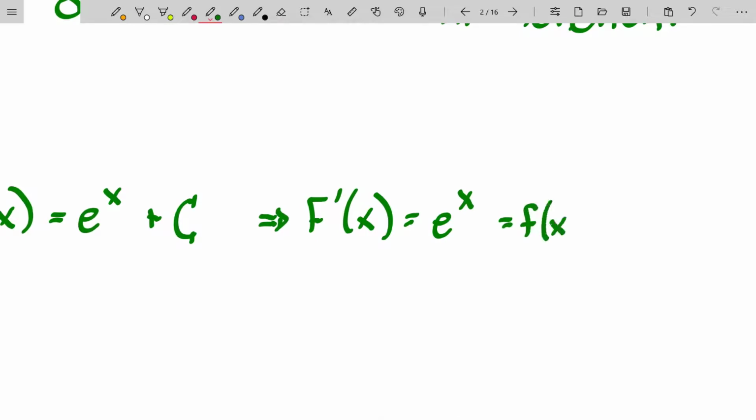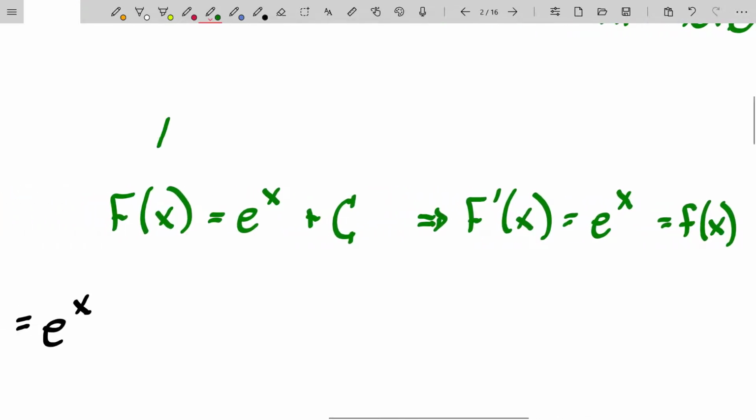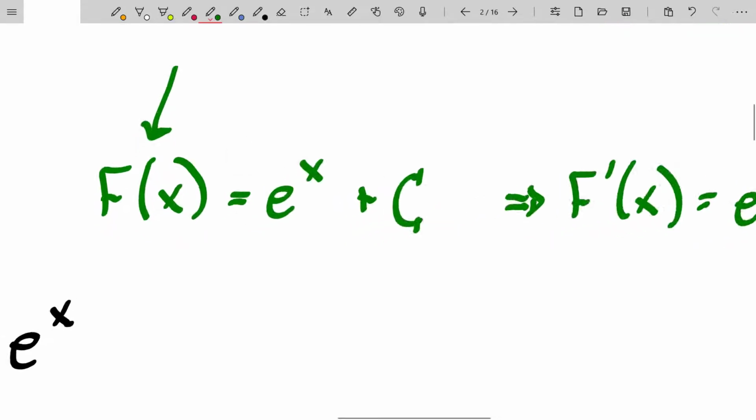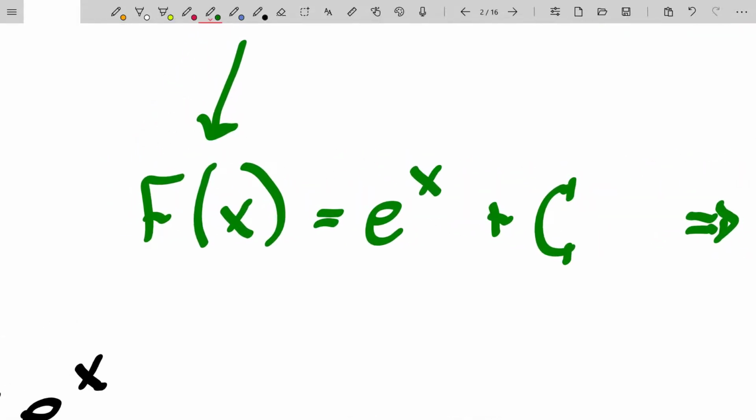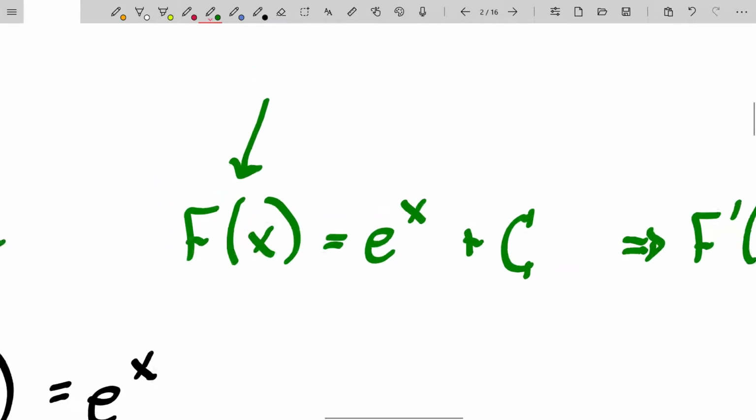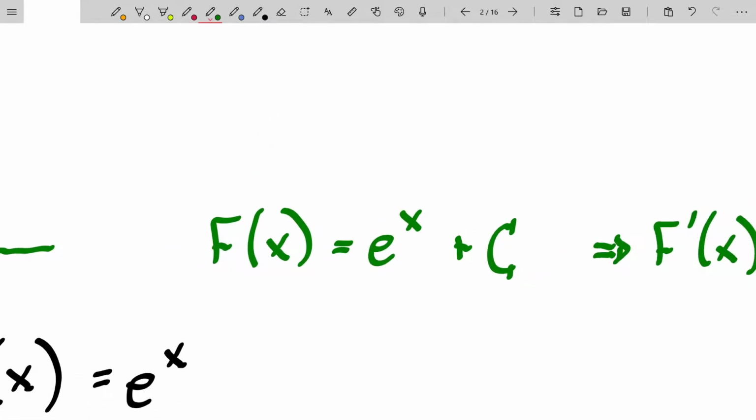So therefore, that capital F, this guy right here, is an antiderivative of little f. And it's the most general antiderivative because you have this general arbitrary constant represented there as well. So it could be any e to the x plus any constant that you want.